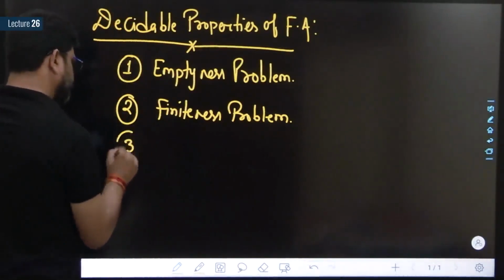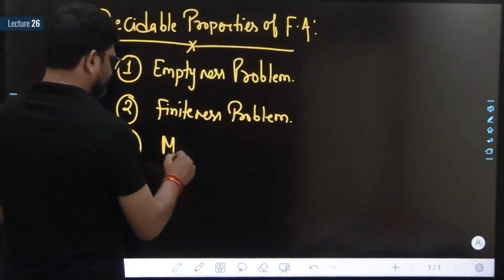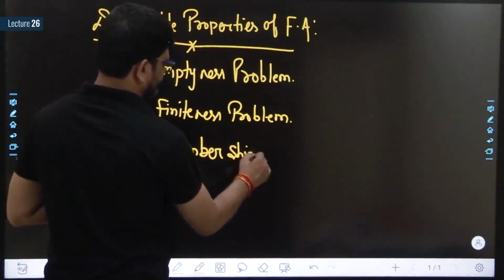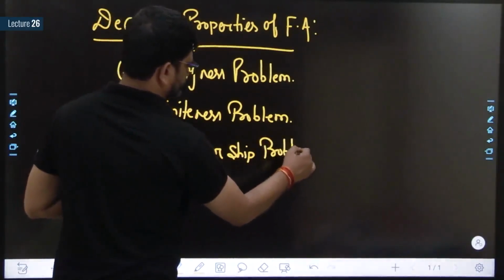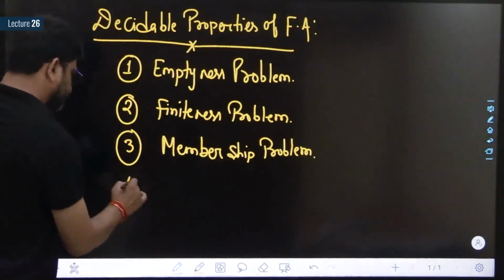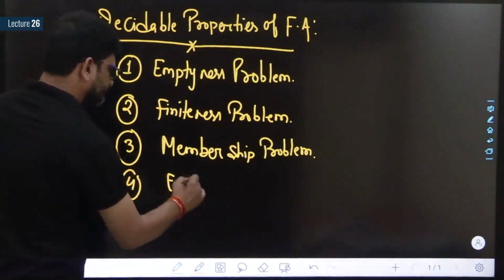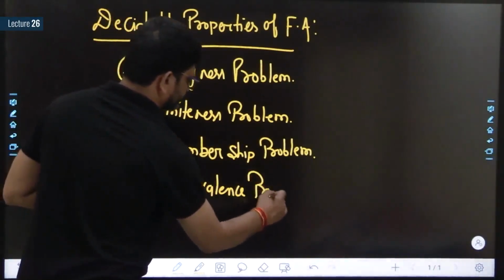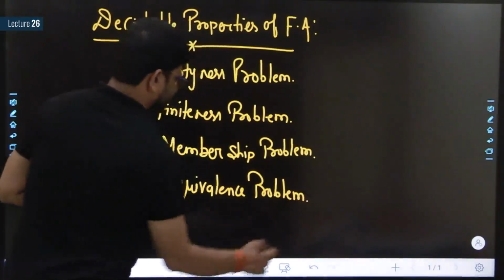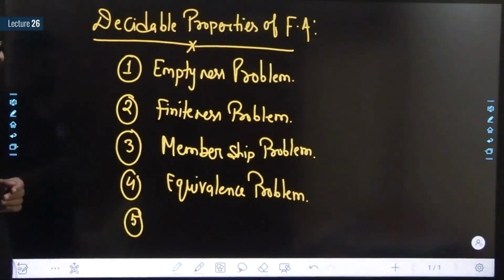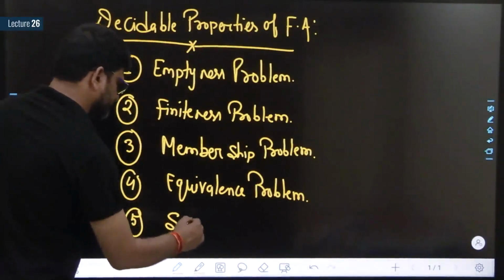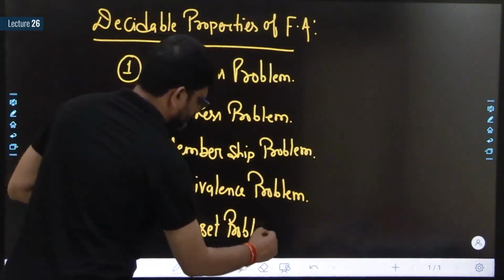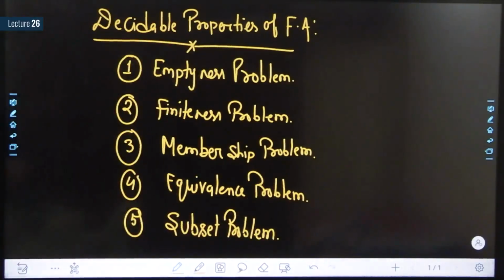Third one is membership problem. Fourth is equivalence problem. Fifth is subset problem. Please note this. We will see one by one.